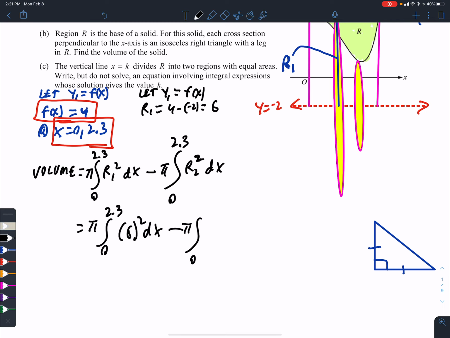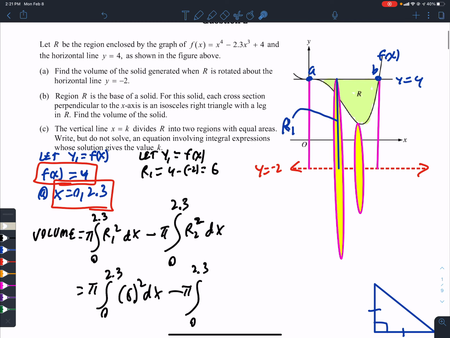Now I need to figure out R2. It's going to go from the axis of rotation to my graph, which is closest. That's going to be R2. And my R2 is going to be big Y minus small y.